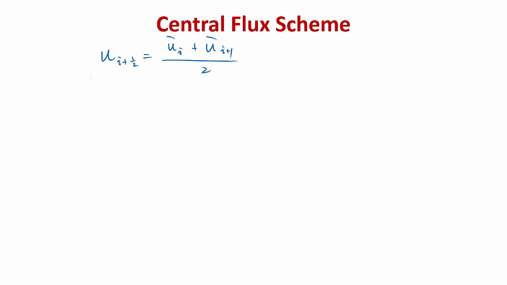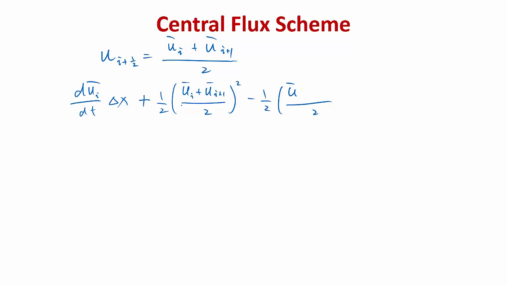Okay, so in Burgers' equation, that means my du_i/dt times delta x, that's the first term in the integral form, plus half times the square of u_{i+1} minus, I think this is plus 1 because I wrote it on the left hand side, u_i and u_{i-1} squared is equal to 0, right?